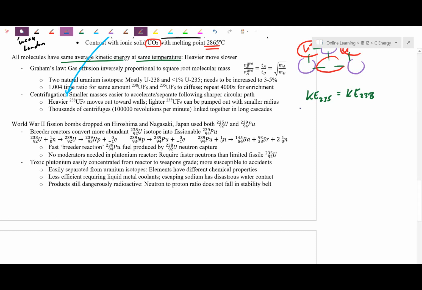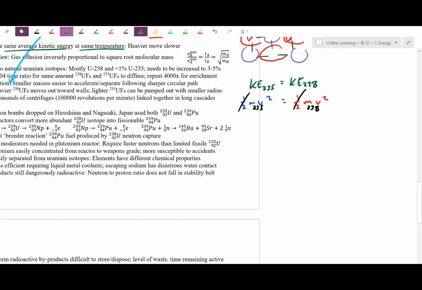We know from our physics that kinetic energy is half mv squared, equals, color coded here, half mv squared. The only difference here is the mass. So this is the 235 form, and this one here is the 238 form. To get rid of the halves, I'm going to bring over the v squared of the 235 form, and the velocity of the 238 form squared.